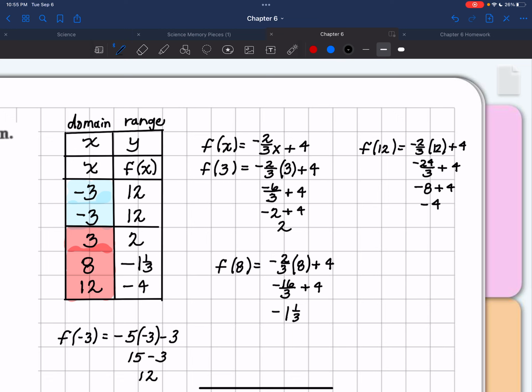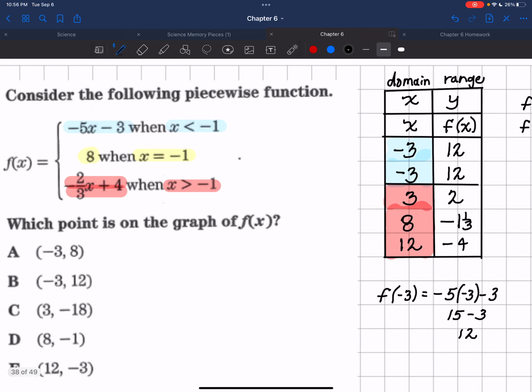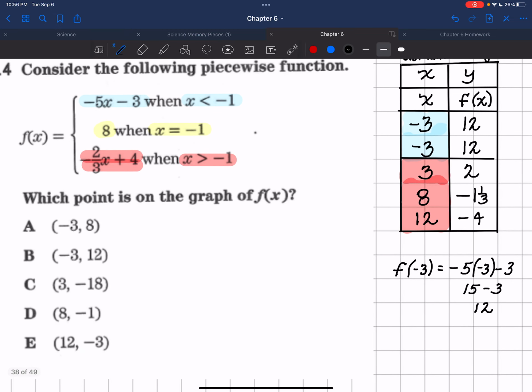So these are the true y values for this particular function. We need the one of those that matches. Negative 3, 8, no. Negative 3, 12, yes. Positive 3, negative 18, that doesn't match. Let me just be sure you're with me.